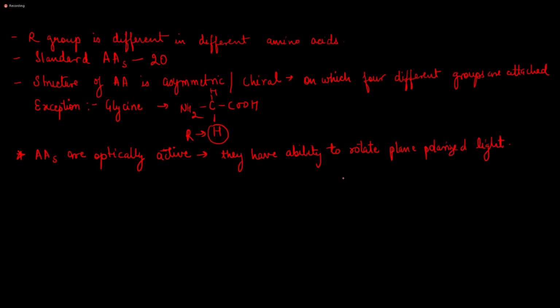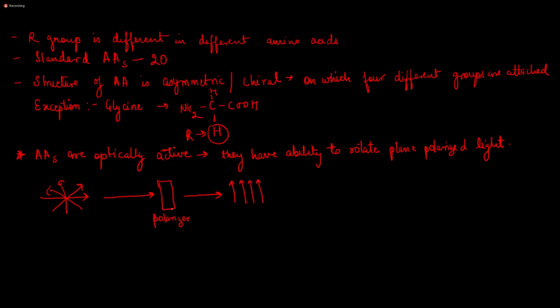What I mean by this sentence, you can see through this figure. The light rays exist in different planes. But when you pass this light through a special material called a polarizer, the polarizer allows only light of a particular direction to pass through it.